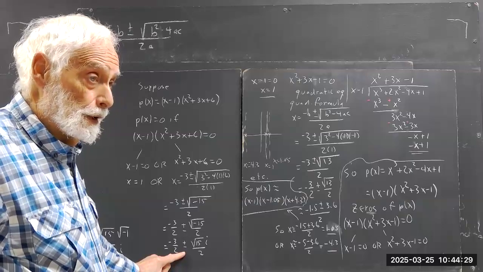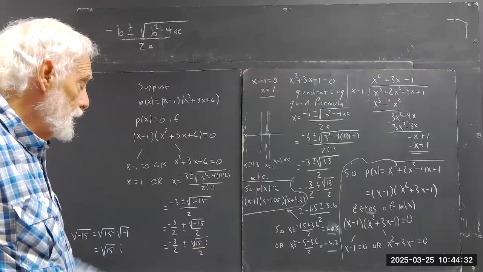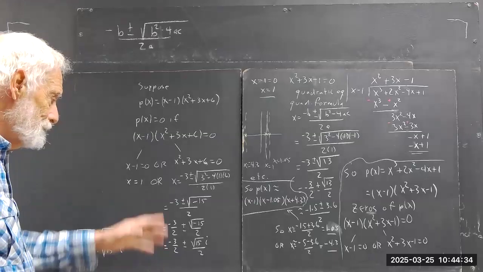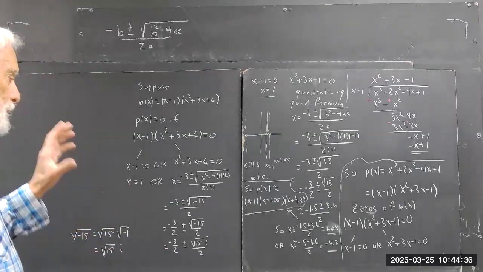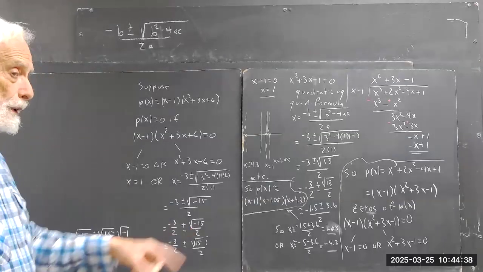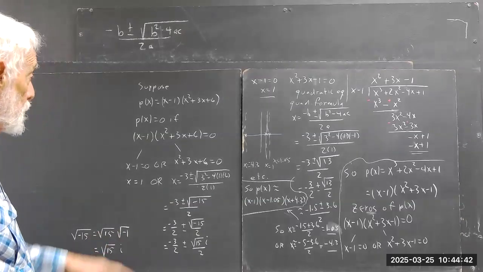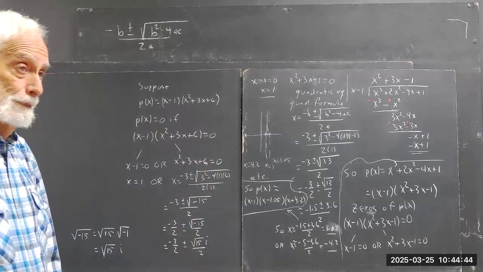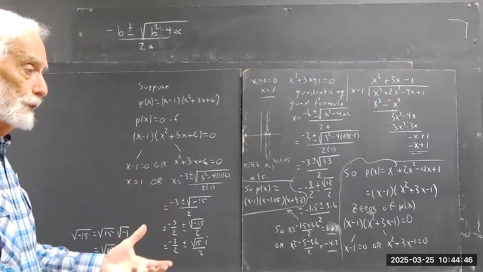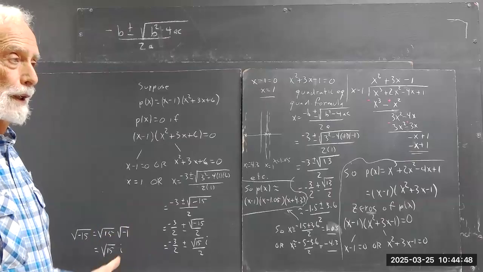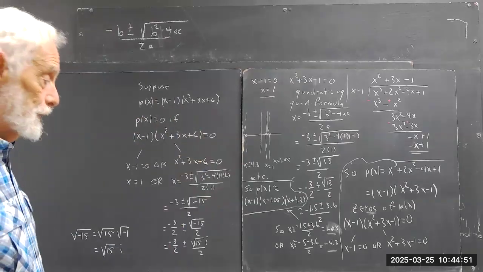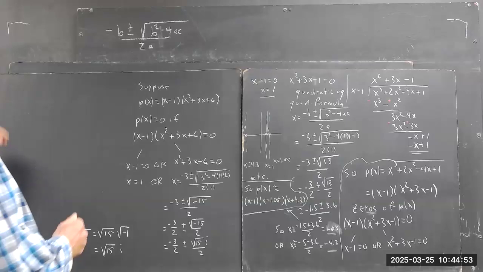So you're used to the i. Some people stopped at the point where they had to understand what i meant. It's just the square root of negative 1, and this is where it comes from. In this course, that's the only place you're going to see where an i comes from, unless it's just given to you. So the zeros are here.